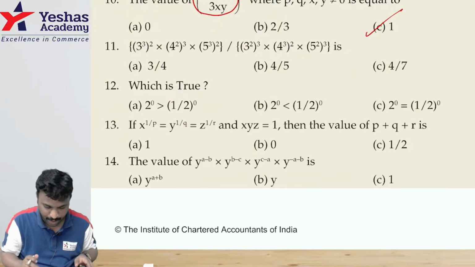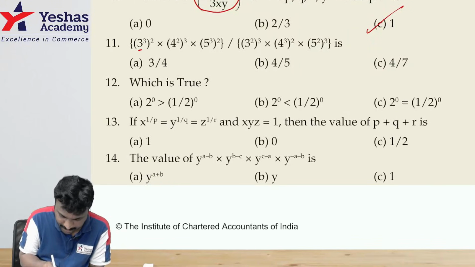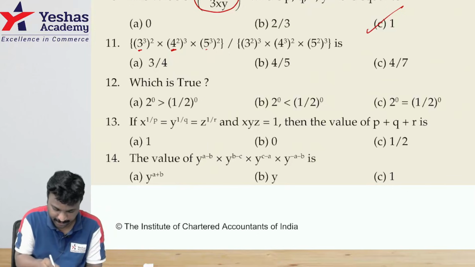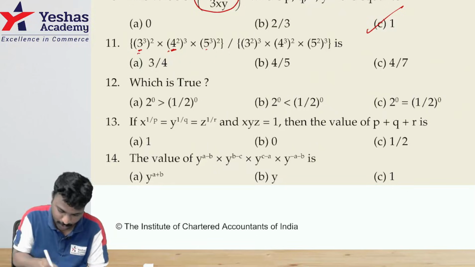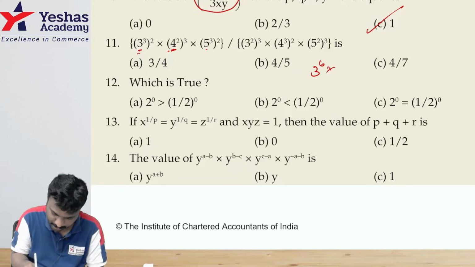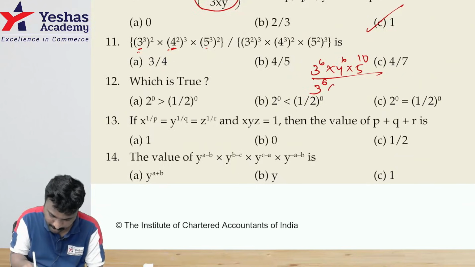Moving on. Question number 11. Guys, all numbers are, it's not a prime number actually. Let's see, it's 3's, 4's and 5's only. So you have 3 power 6, 4 power 6, 5 power 10 in the numerator. Denominator, 3 power 3 into 2 is 6, 4 power 6, 5 power 3 into 2 is how much? 6.